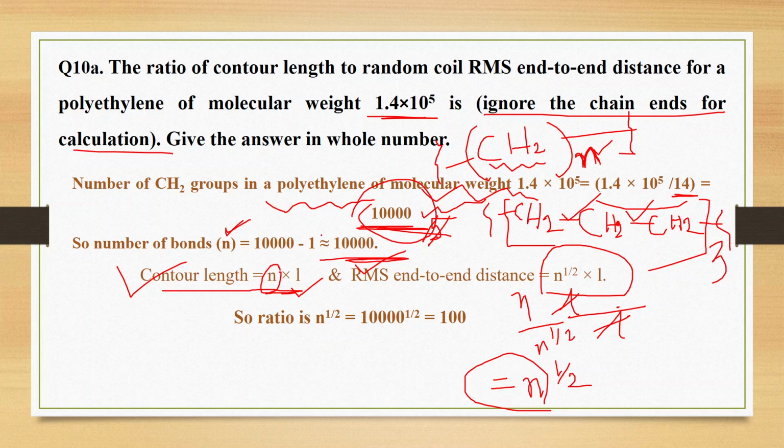It is written as almost equal to 10,000. So this is your n value. Even if someone puts 10,000 minus 1 and then calculates it, that is also right. Okay, that is not wrong. So now it is your n value, and you know the ratio is n to the power half, so that will be 10,000 to the power half, and the answer will be 100.